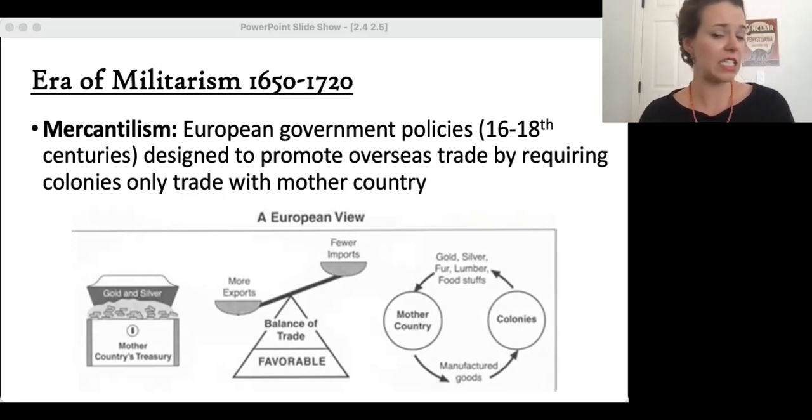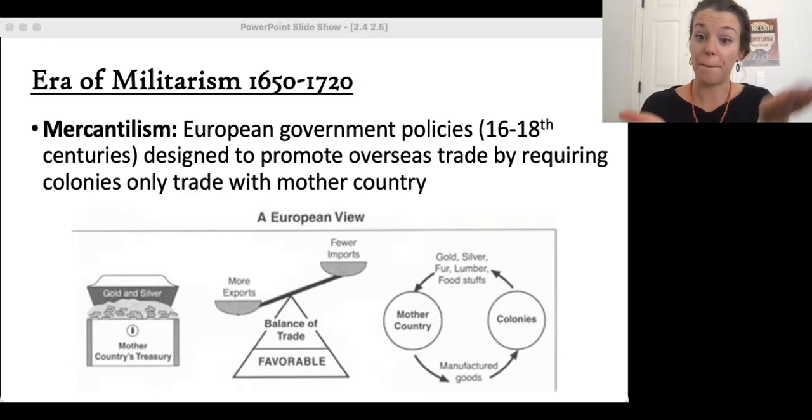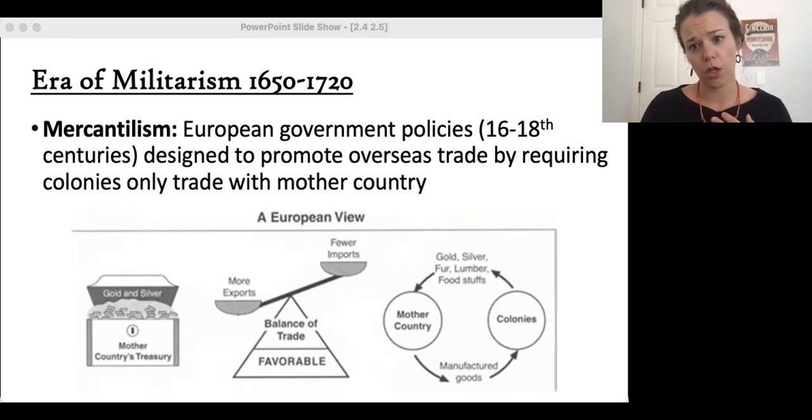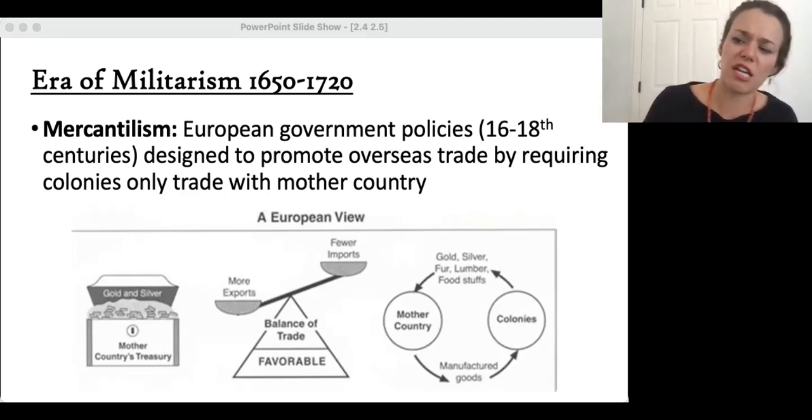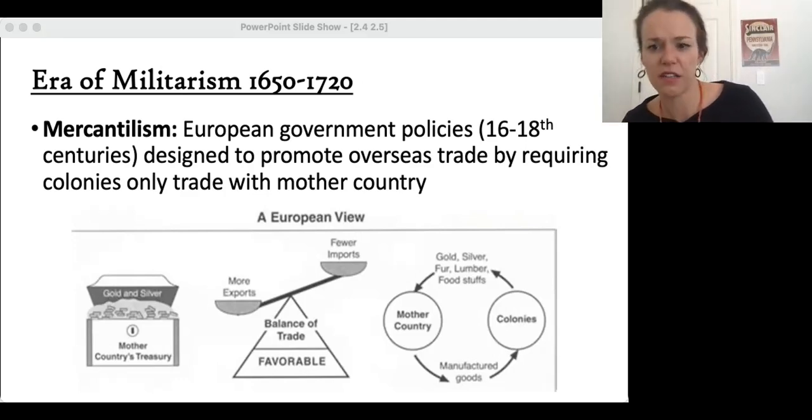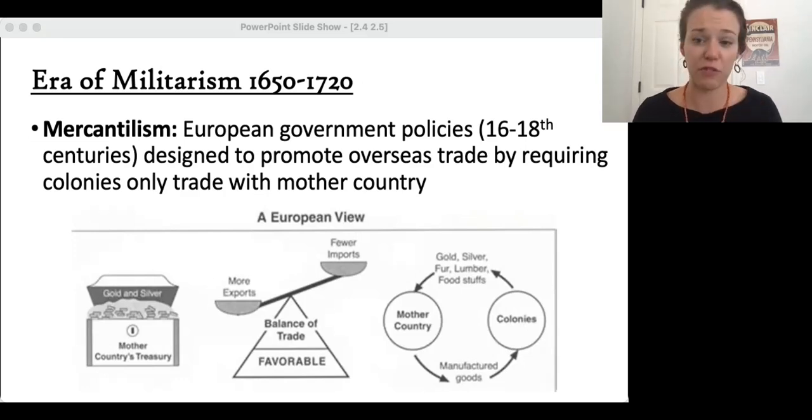Now, ideally, your balance of trade is balanced. So sure, one side might be exporting a lot, and one side might be importing a lot, but you're about equal, right? That's when you start hearing people talk about like, oh, a trade war, and like they're going to raise tariffs, and that means everything's more expensive, and like it's bad for everyone's economy. So typically today, we want to keep the balance of trade equal.